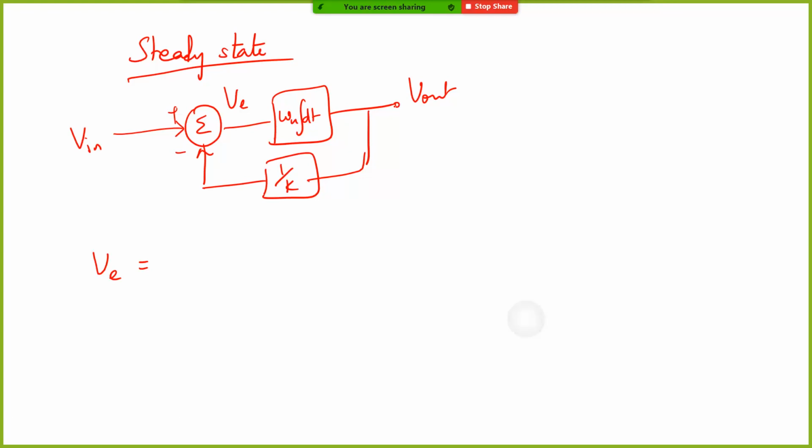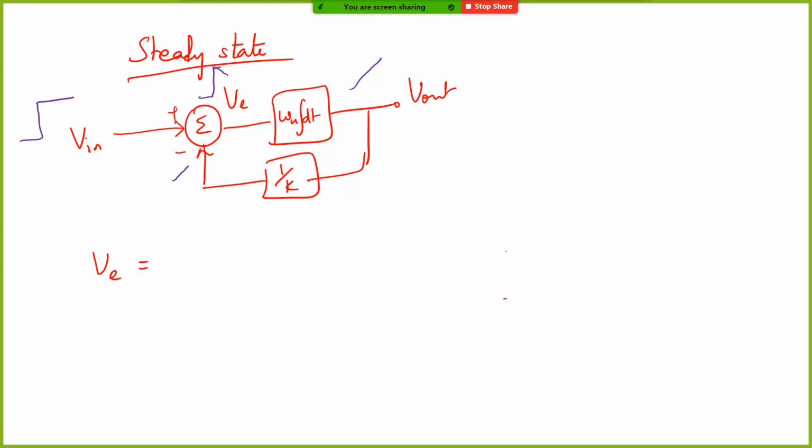Why will it go to 0? Because as the error increases, this integrator is going to keep ramping up the voltage. Let's say I'm giving you a step here, the error goes higher, and then as the output keeps increasing, the scaled output will also keep increasing.